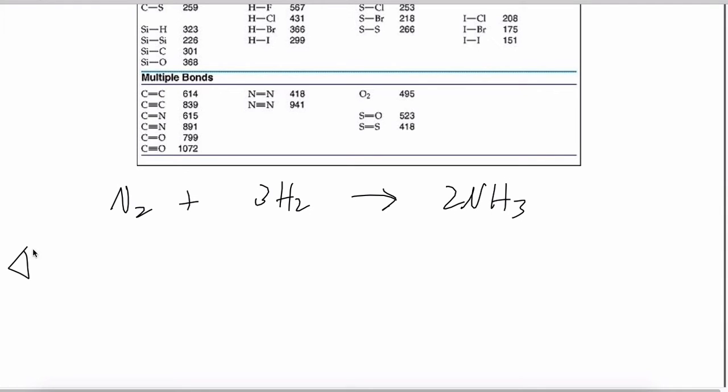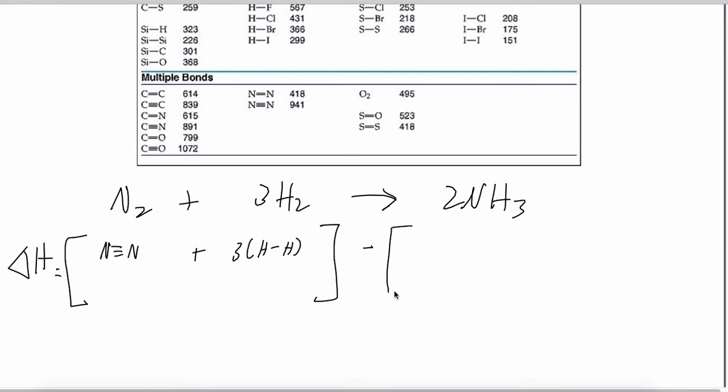So to get the delta H, I'm going to take the sum of all the broken bonds. So in this case, this is N2 plus 3 H2. And I'm going to subtract that from the sum of all the formed bonds. And in order to do that, what I really need to do is draw the Lewis structures.